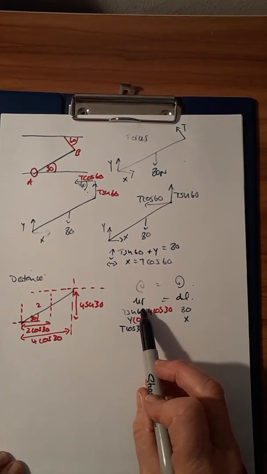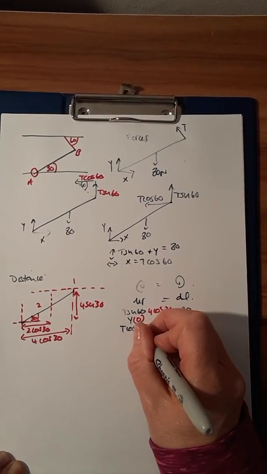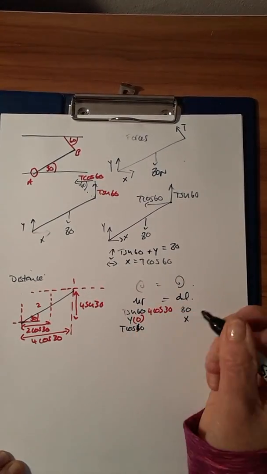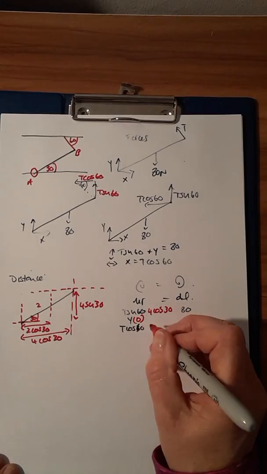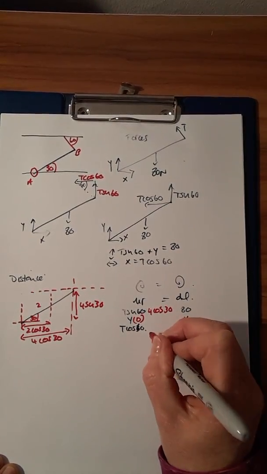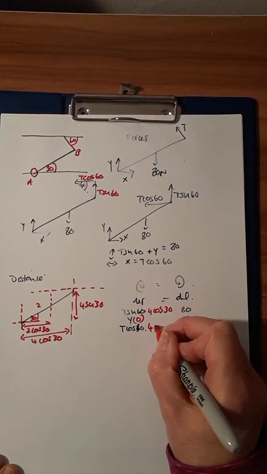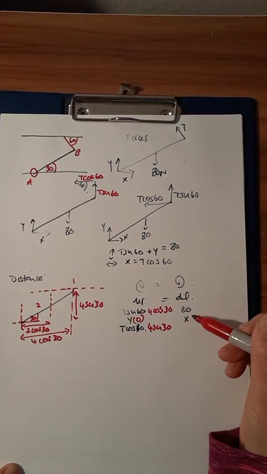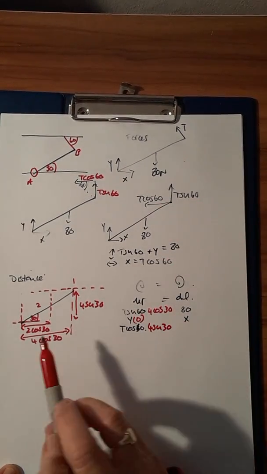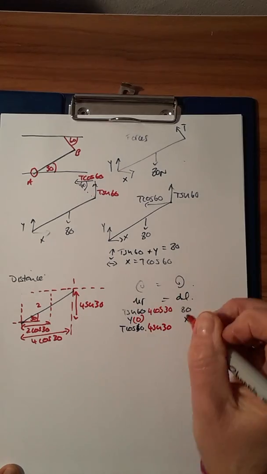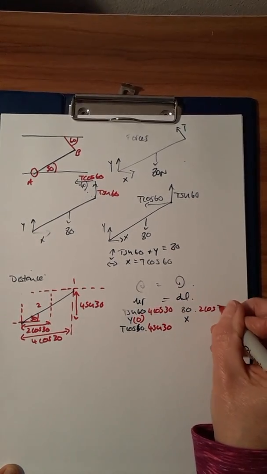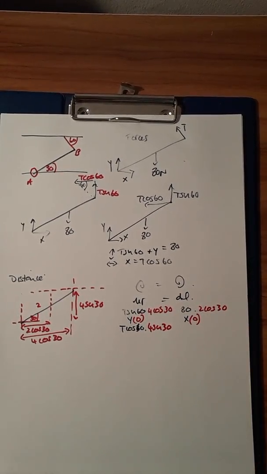This one here from the right is T cos 60, and I wrote 30. That should be 60. So T cos 60, that will be, of course, 4 sine 30. The 80 Newton force is this one, and it's 2 cos 30 away. And of course the X goes right through the fulcrum.